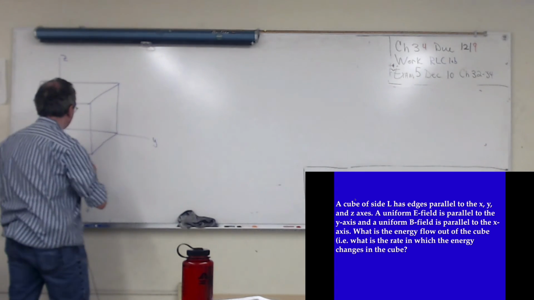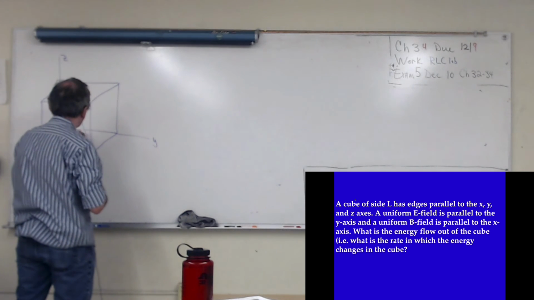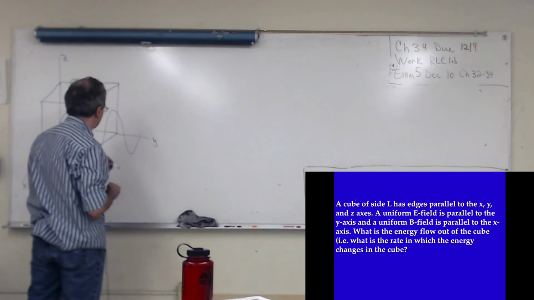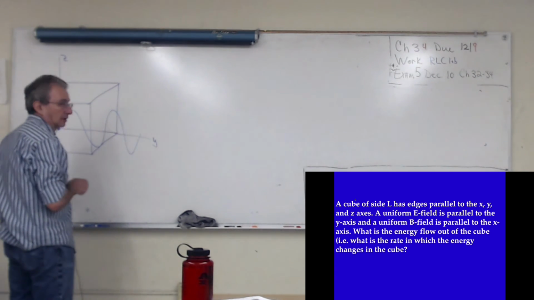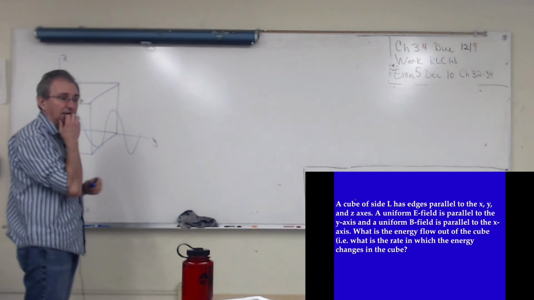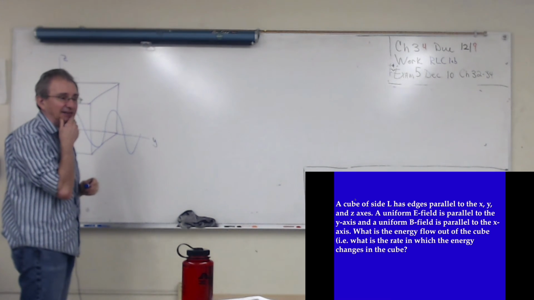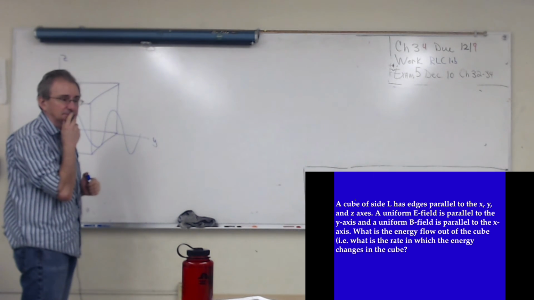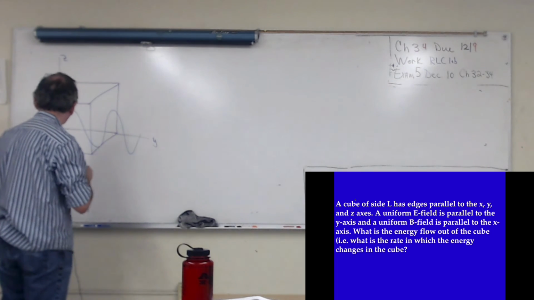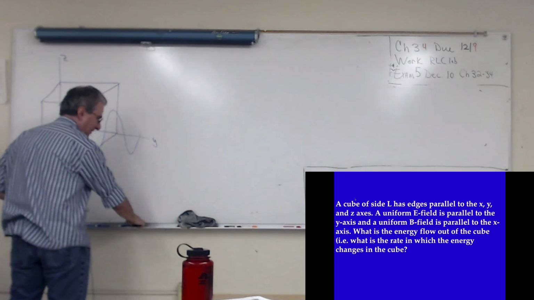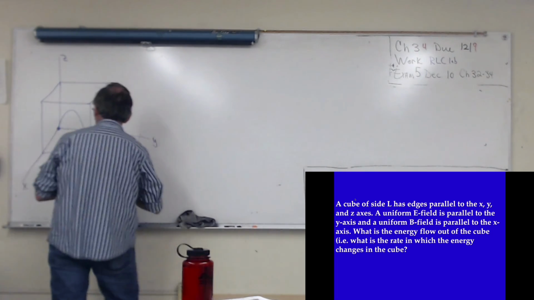So I have an electric field like this. Okay? And I have a magnetic field. That's going to be hard to draw. It's in this direction.